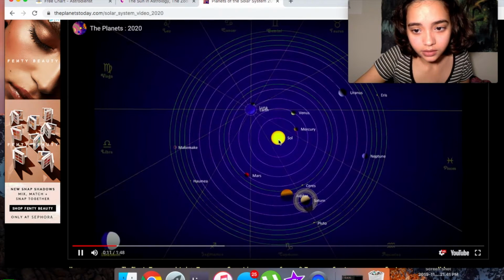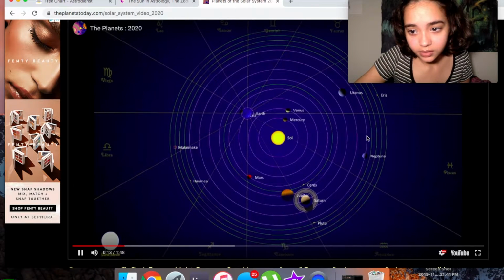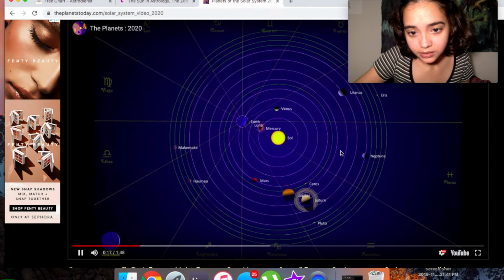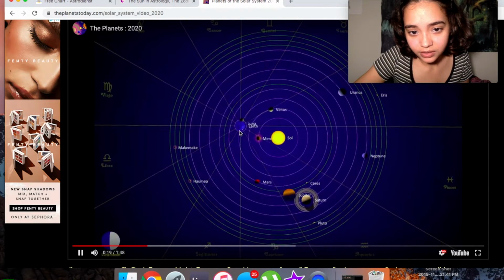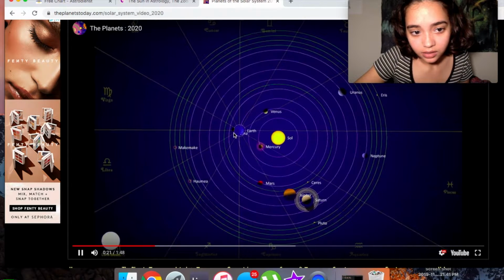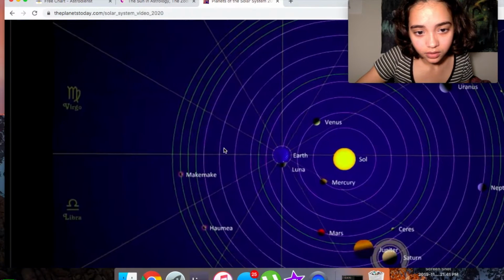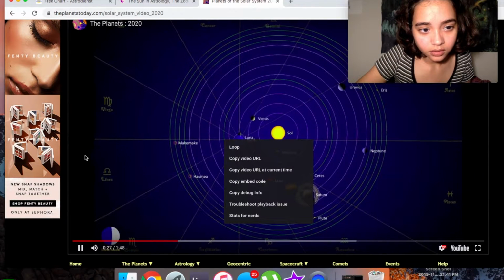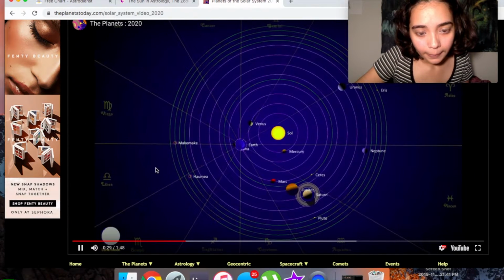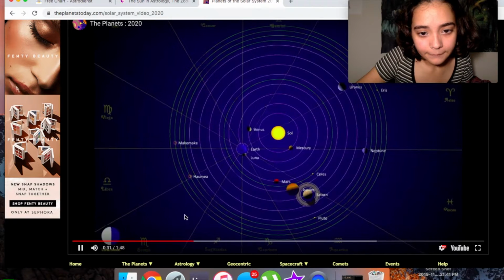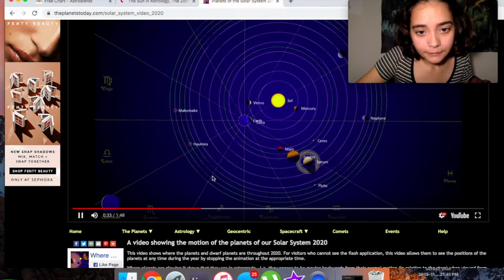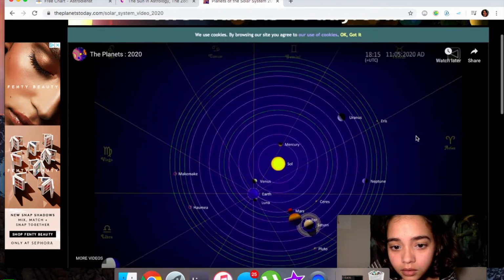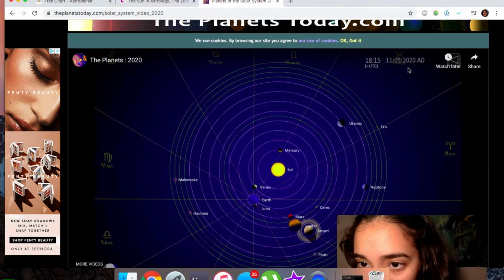You see the sun, and this one is in Pisces. See, it's going into Pisces. But you see how everything's just moving constantly? You see the sun is in Taurus.